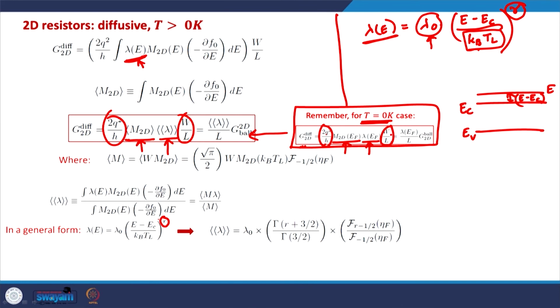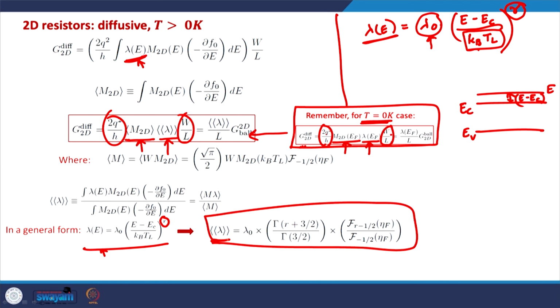So there are multiple kinds of scattering mechanisms, and r depends on them. Using this formula for lambda(E), the average of lambda is given by this expression. This is a detailed calculation, and we are not going into the details, but this is how it would look.